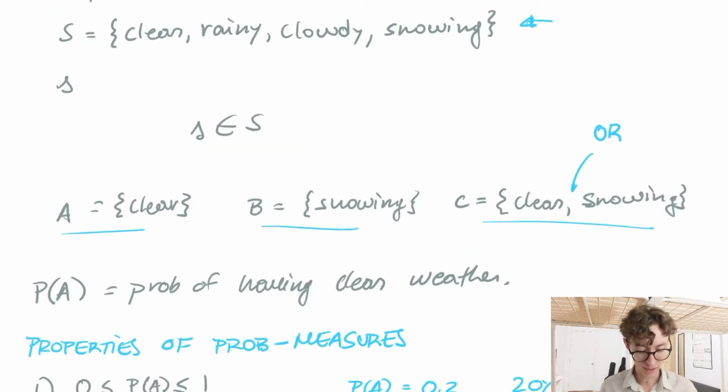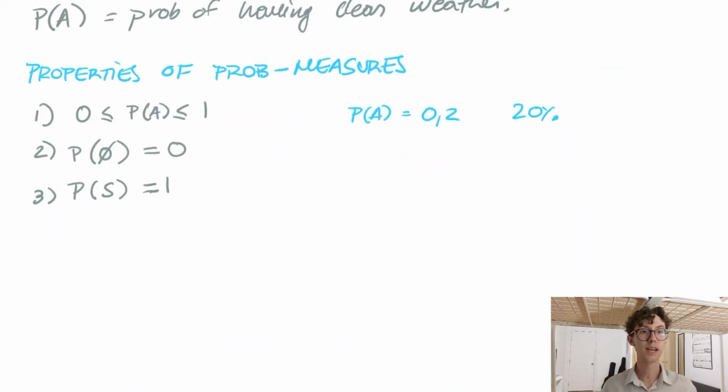So that is, it will either be clear, rainy, cloudy, or snowing. So the whole S, it's either clear or, remember, comma is or, clear or rainy or cloudy or snowy, there's 100% chance that it will be one of those. So P of S, the whole sample space, is equal to 1.